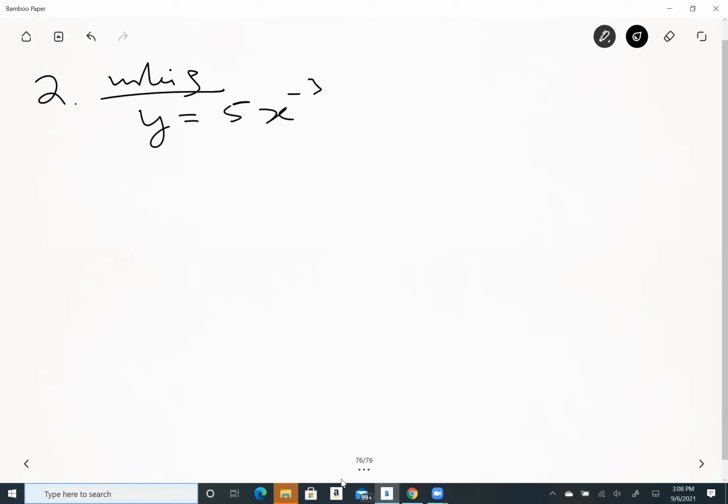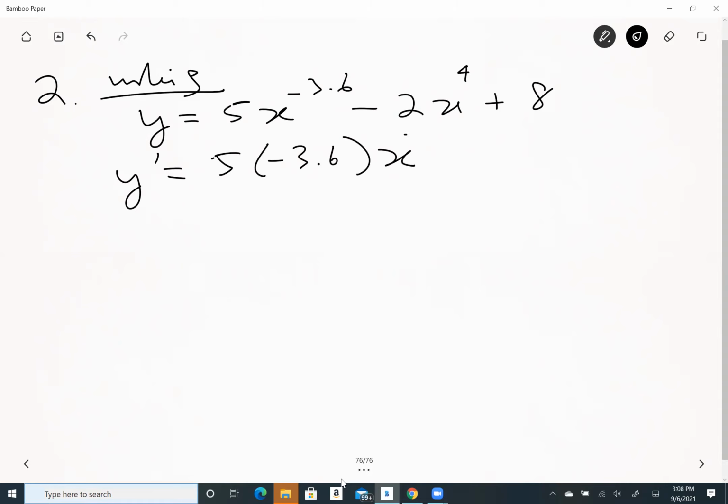If you want to get y prime, you have to apply the rule, like what I did in class. So you get 5 multiplied by negative 3.6 x to the power of, you reduce the power by 1, so negative 4.6, minus 2 times 4 x to the power of 3 plus 0.